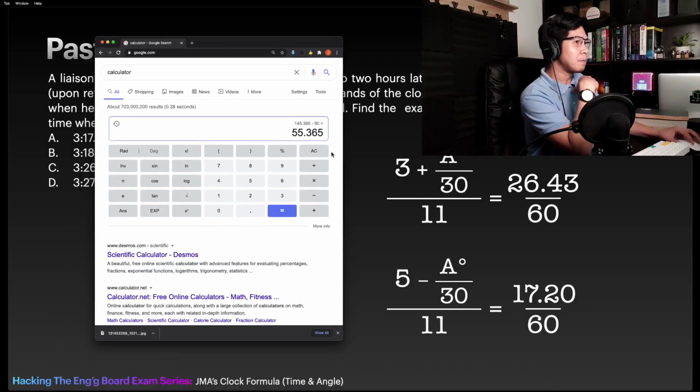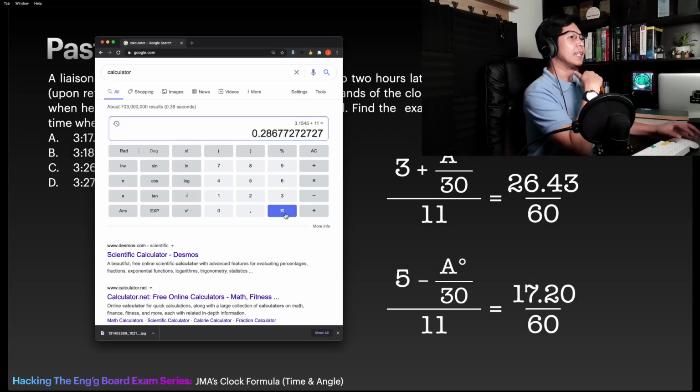This is 55.365 then divided by 30 and then 5 o'clock minus yung answer natin. That is 3.41545 and then we divide it by 11. Ayan.